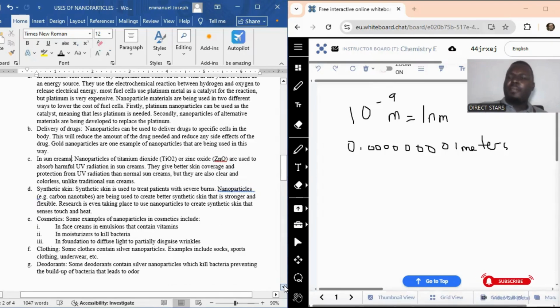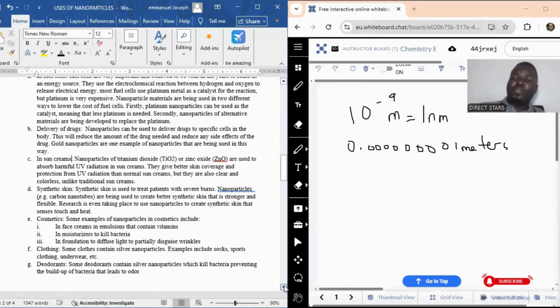So you can see that nanotechnology has helped a lot in terms of medicine, in terms of technology, in terms of cosmetics, your face cream, moisturizers, and the like.